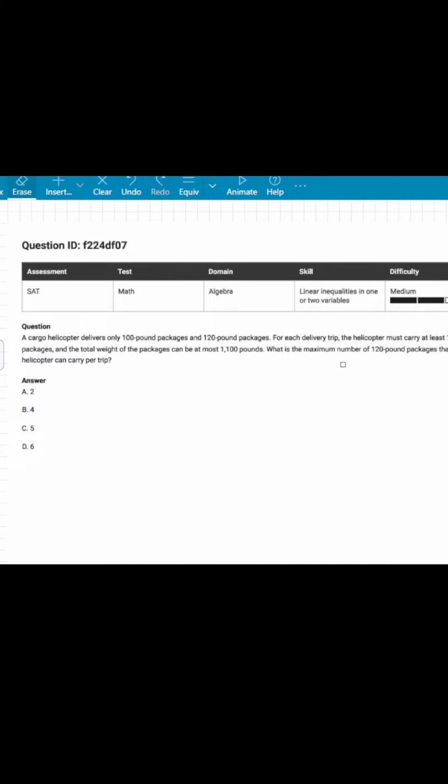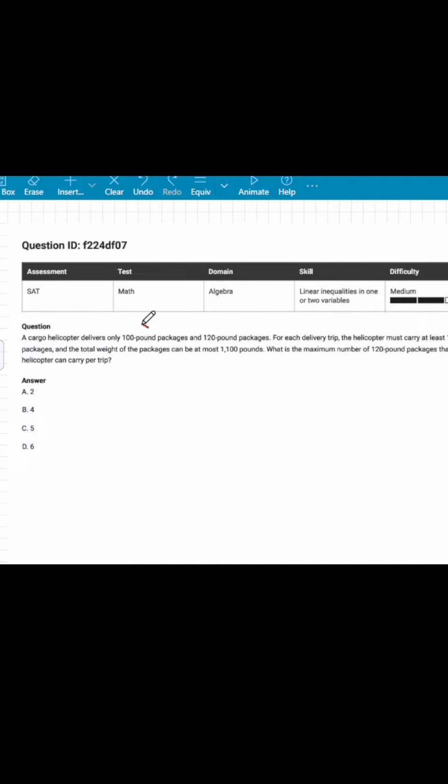So whenever you see these terms, at most or maximum or at least, there is a high chance that it is an inequality based question, and here it is given also. So let us map out the variables we're given. Suppose the cargo helicopter carries A 100-pound packages and B 120-pound packages.